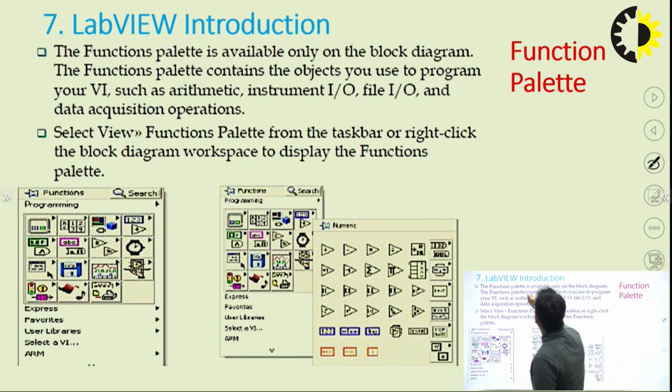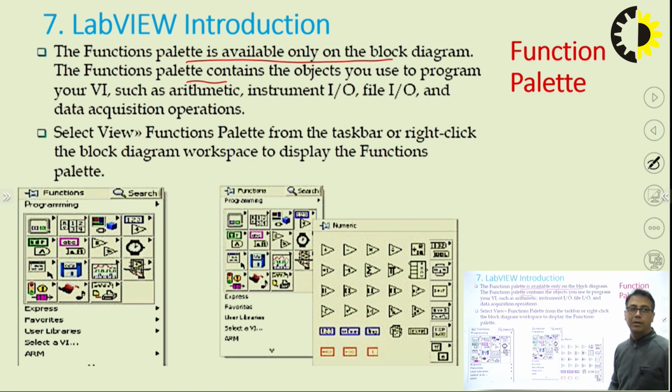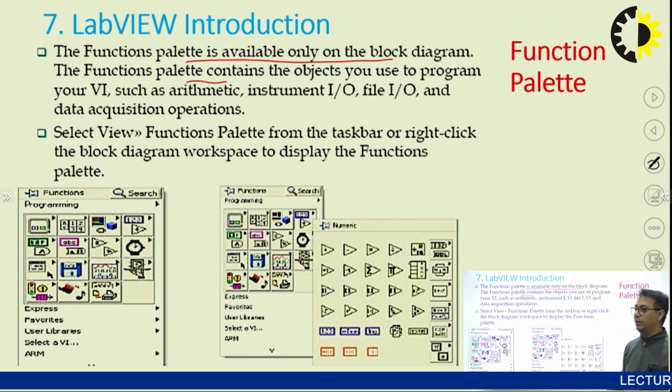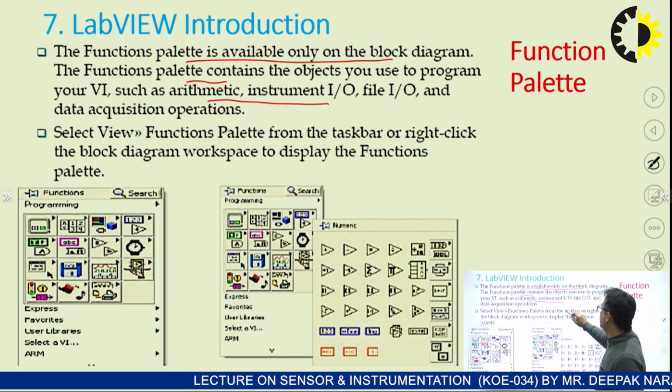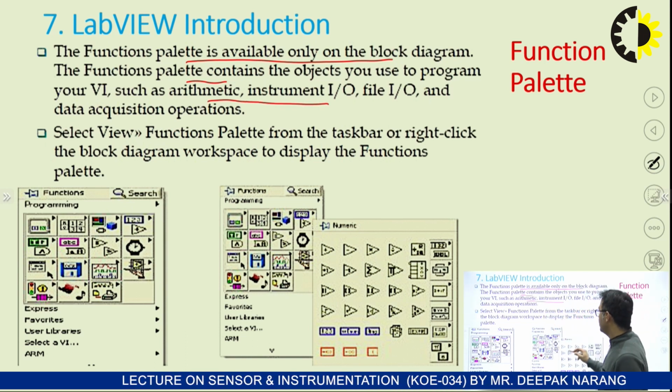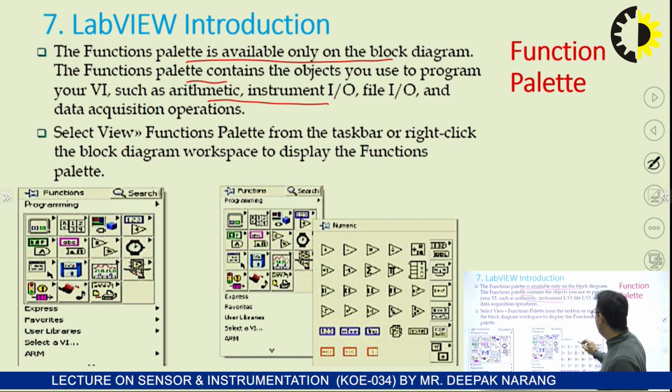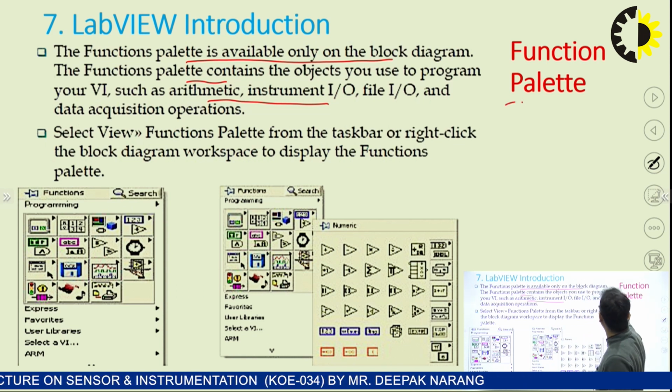And likewise, this function palette is available on the block diagram. So the blocks which have been used on the front panel, how they are connected or whatever operations are being performed on the data coming through the front panel, all those functionalities like arithmetic operations or whatever other operations are available in this function palette.